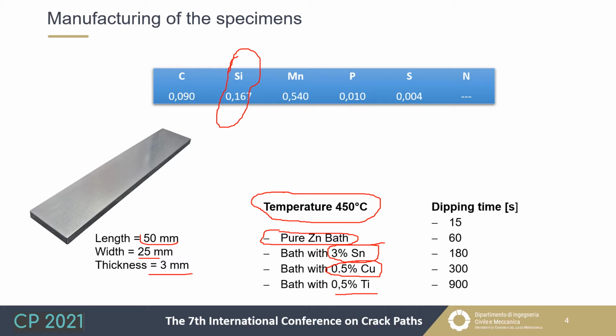The dipping times analyzed were 15, 60, 118, 300, and 900 seconds.